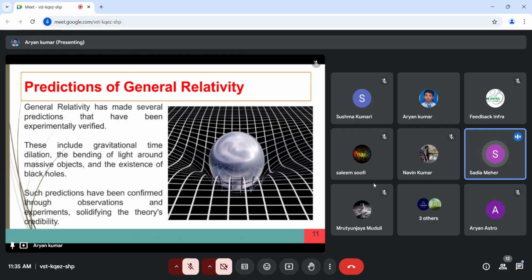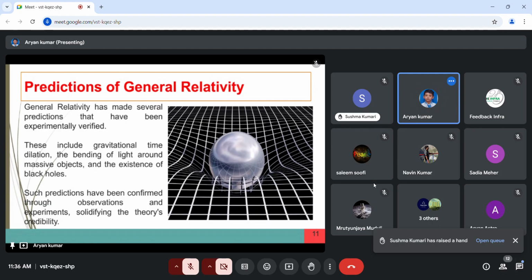Such predictions have been confirmed through observations and experiments, solidifying the theory's credibility.